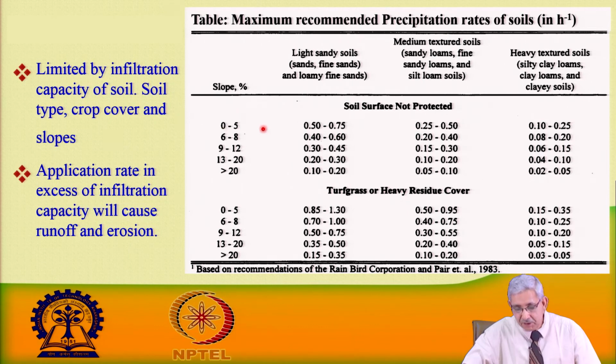And then for the same slope, with a different soil texture, a medium texture soil with sandy loam, fine sandy loam and silt loam has this range. And for heavy texture, that is a clay type of soil, it is 0.1 to 0.25. So, this way one has to decide the value.